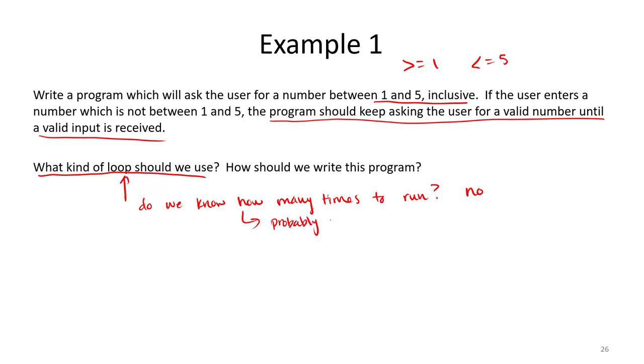Because remember, for a for loop, you want to know how many times you need that loop to run. Does the loop have to run at least once? Well, maybe, depending on how we design it. So in this case, probably a while loop would be best. It can run 0 or as many times as needed.